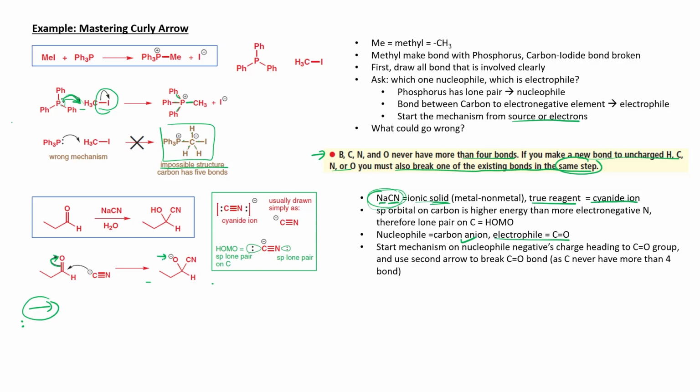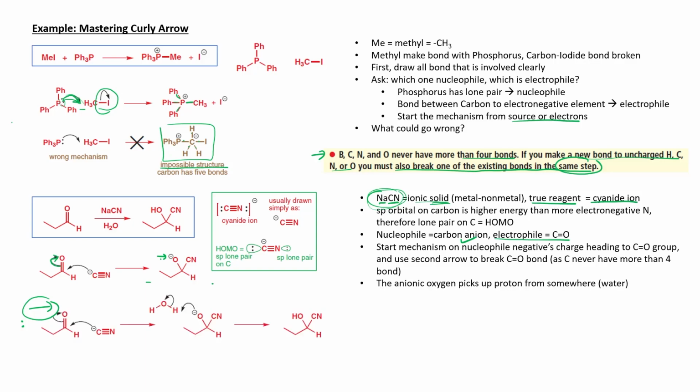So you have the negative charge here, so you need to make it neutral again. What will happen is that the anionic oxygen picks up a proton from somewhere. Normally, because we do it in water, it will pick up the hydrogen from the water.